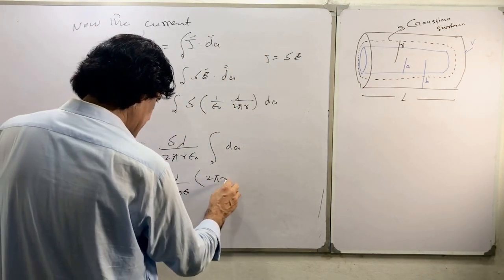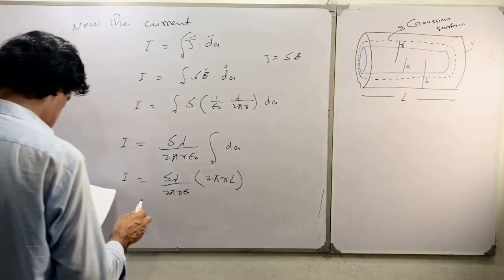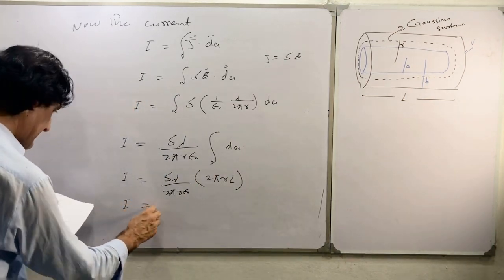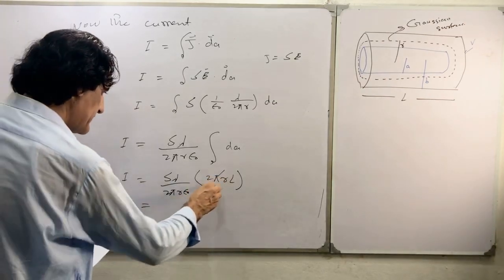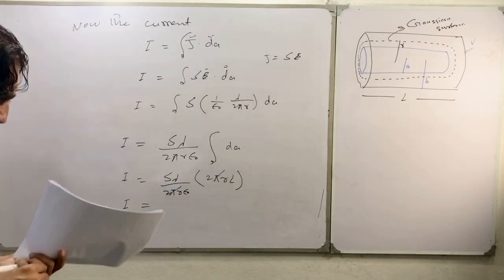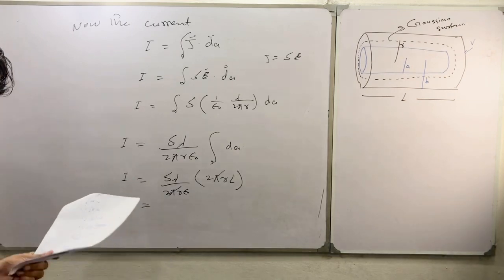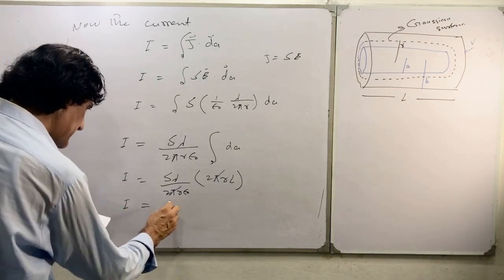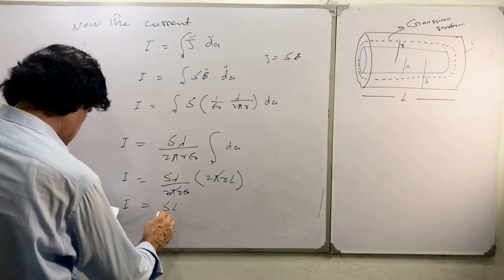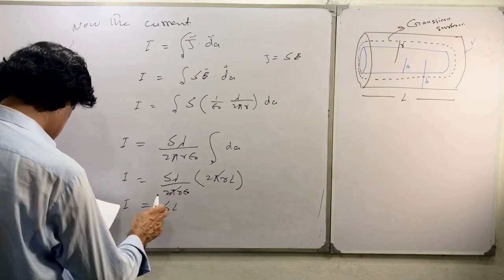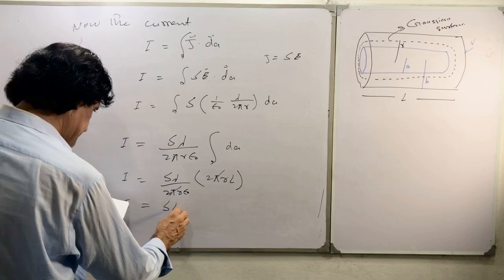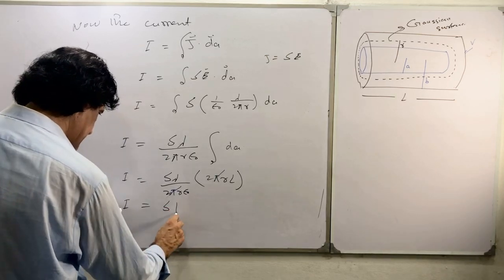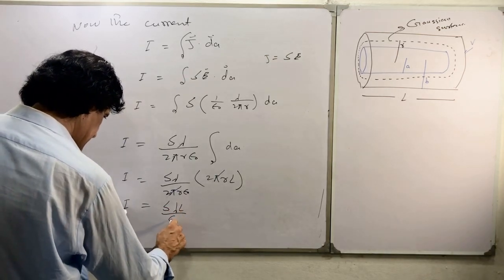This is 2 pi r L, and here 2 pi r and 2 pi r cancel out, and we get sigma lambda L divided by epsilon naught.